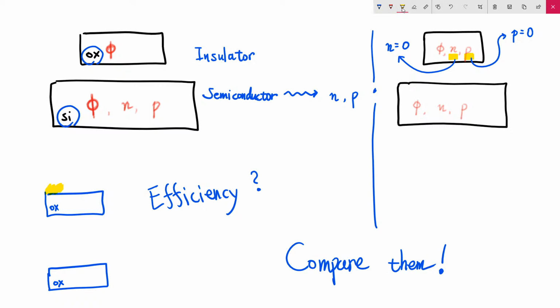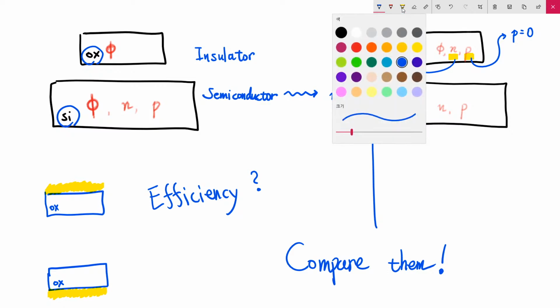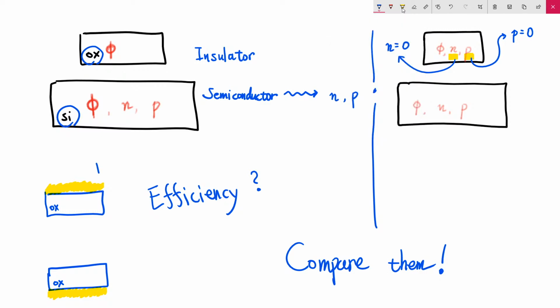Here we have fixed potential, and here we have fixed potential. Usually this potential is given as the gate voltage. So gate voltage and gate voltage.